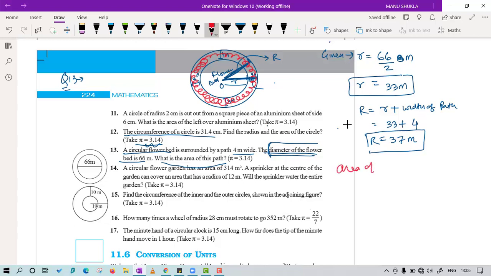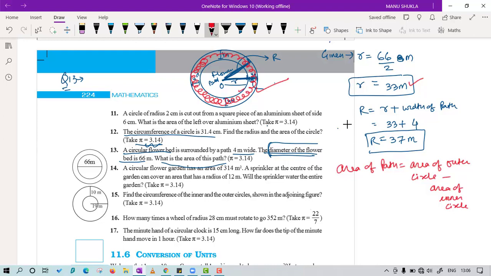So area of path is equal to area of outer circle minus area of inner circle. You can write like this, area of circle with radius 37 meters minus area of circle with radius 33 meters, just to tell the teacher that you are taking first the outer circle area then the inner circle area.